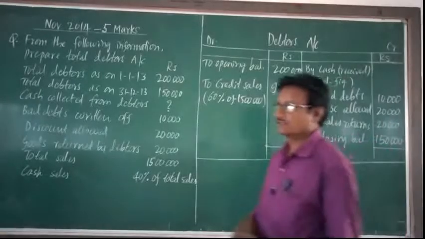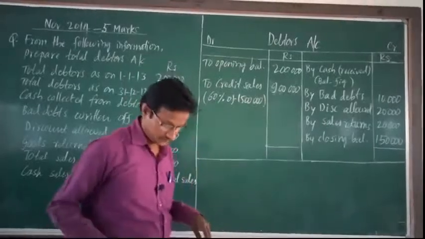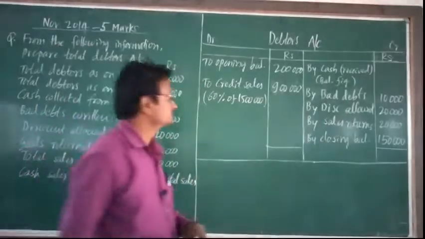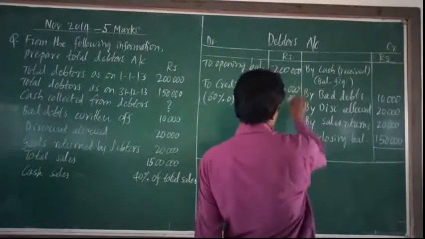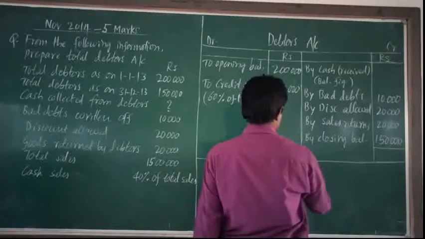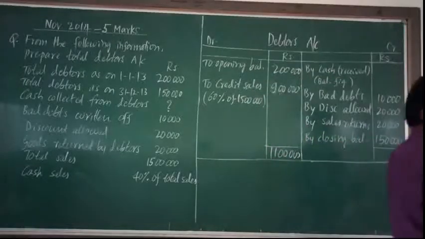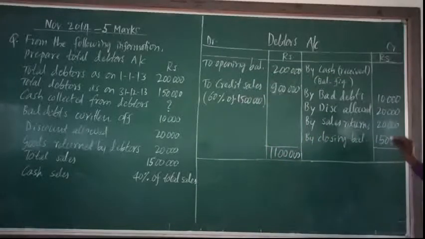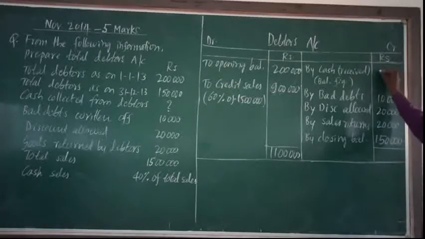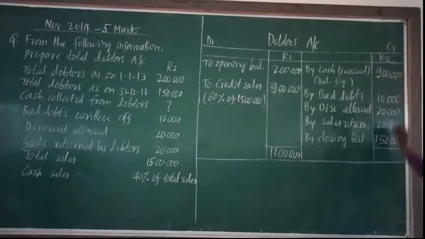Next step is we have to ascertain the balance. Here the total on the debit side is 11 lakh, and if credit entries are deducted, the difference on the credit side is 9 lakh rupees.